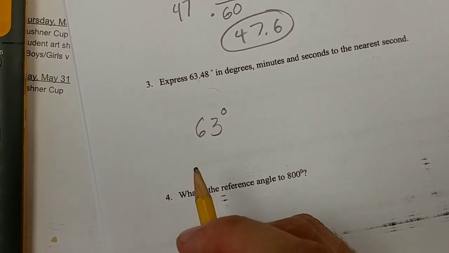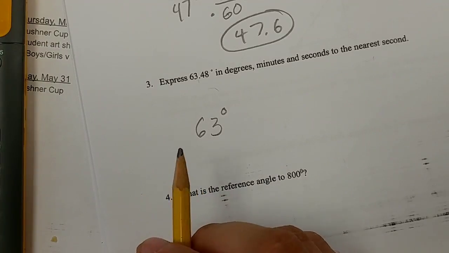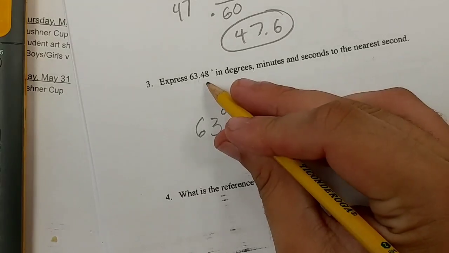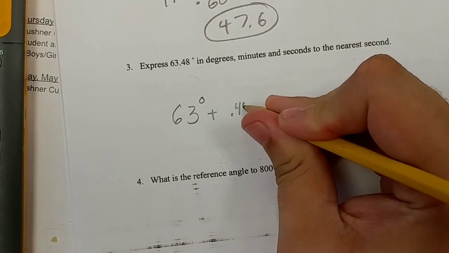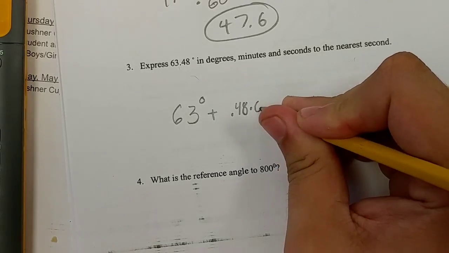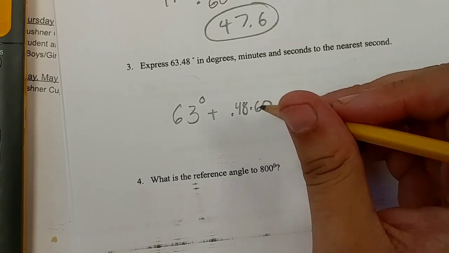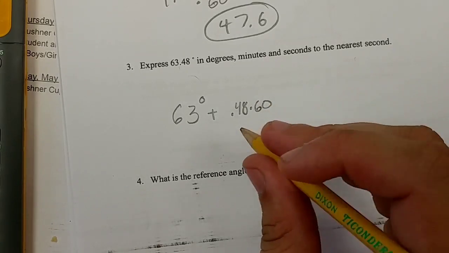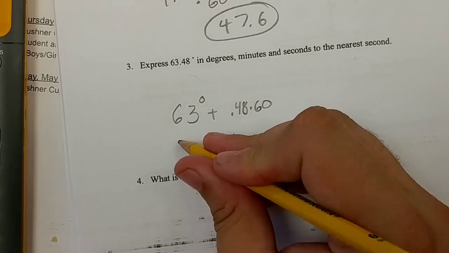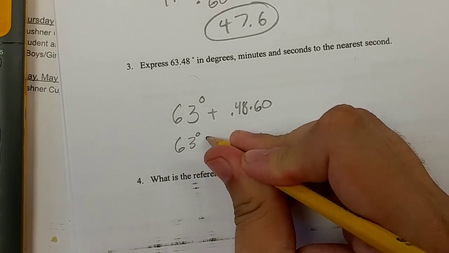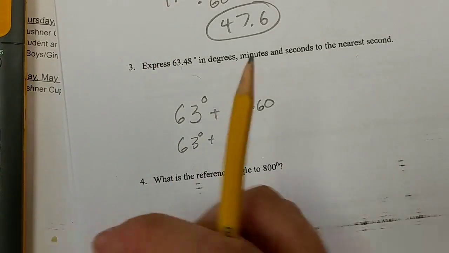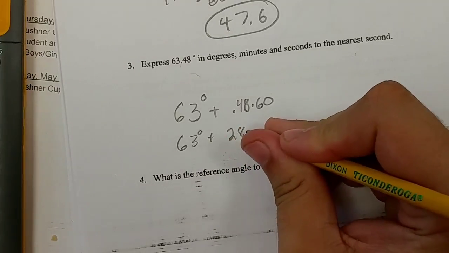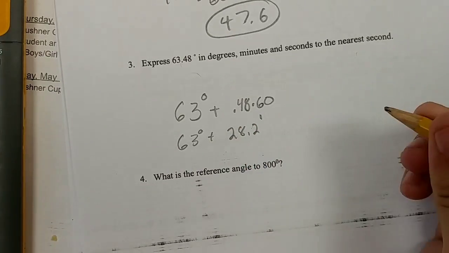All right. So in order to do it, what you're going to do is multiply your decimal here, which is 0.48, times 60, because there's 60 minutes in a degree. So 63 degrees plus 0.48 times 60 is 28.2. So that would be in minutes.